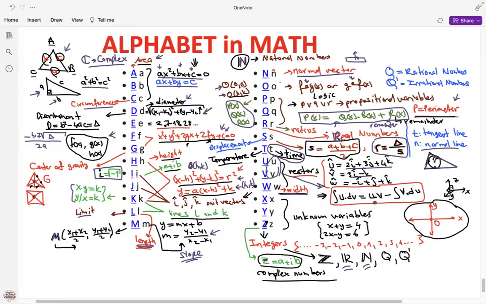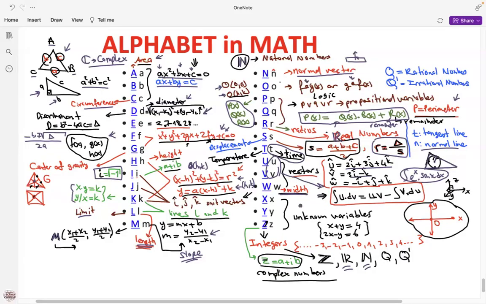This is the integration by parts formula, where there are some functions multiplied to each other, and we cannot take the direct integration of them, for example e to the power x times sine x dx. For such integrations, we need to use integration by parts. So u and v are the functions. For the sake of saving time, we use them.